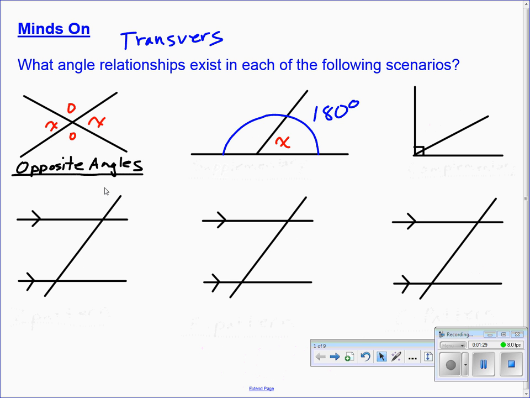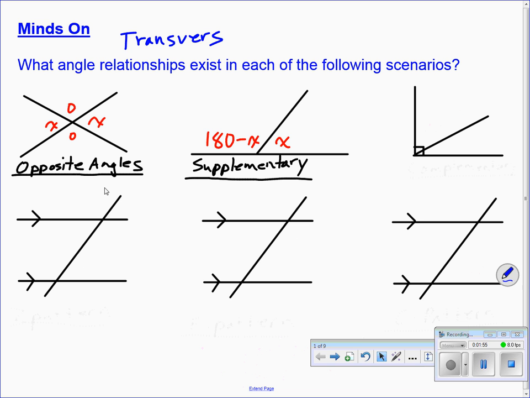So if x is the smaller angle, then we have 180 minus x being the opposite angle. We call that rule the supplementary rule, or due to supplementary angles.